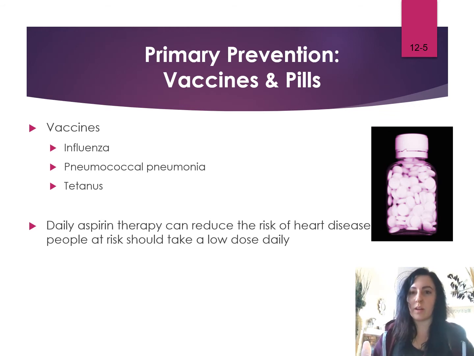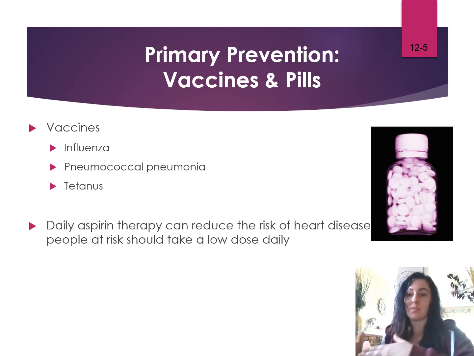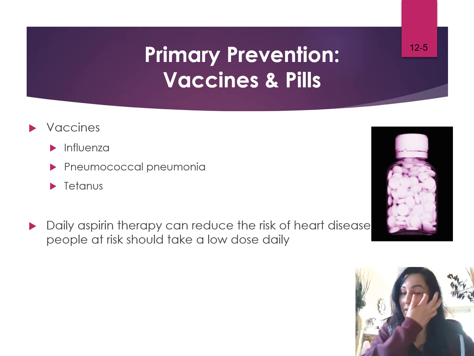Okay, so what are some examples of primary prevention? Vaccines and pills, okay? Again, primary prevention is preventing disease from occurring in the future, taking steps that will prevent disease from happening. So we can have vaccines.